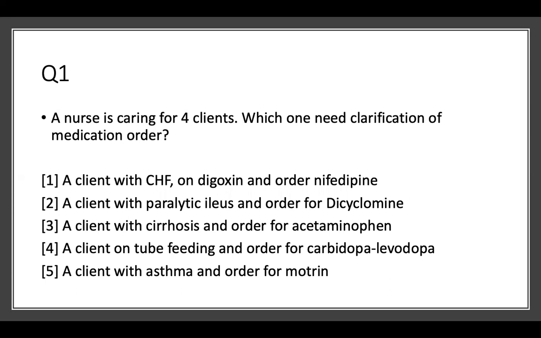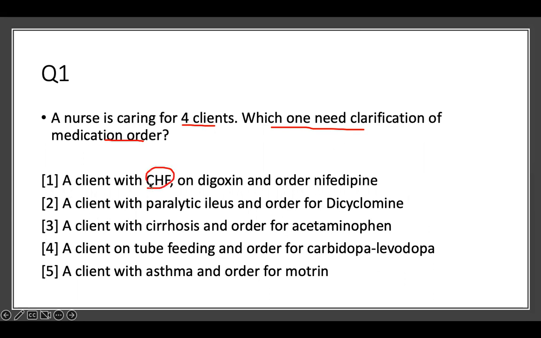So basically, what do we have? Which one needs clarification? There are 4 clients, so you want to figure out which one doesn't match appropriately. It's a side effect, or it doesn't need to be given right away, or there's something going on. So you use that information and go and look at what they have for you.